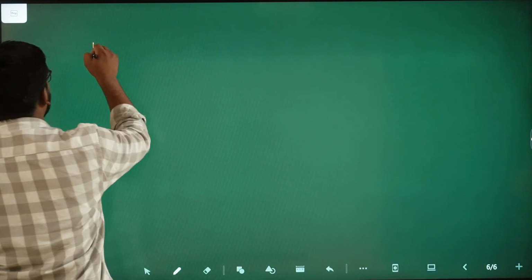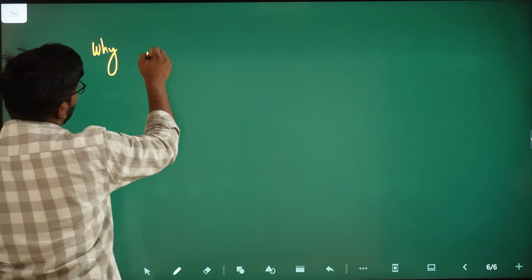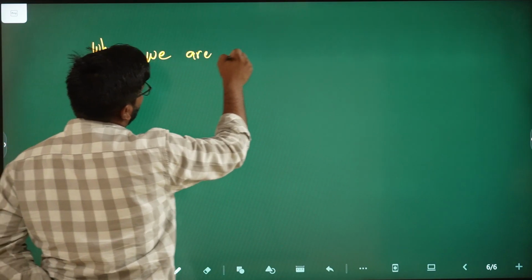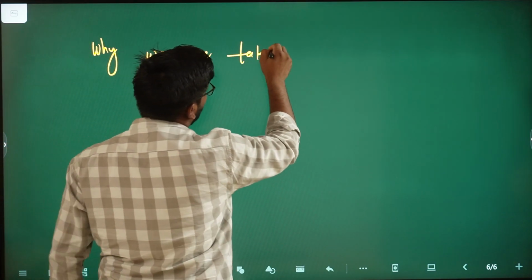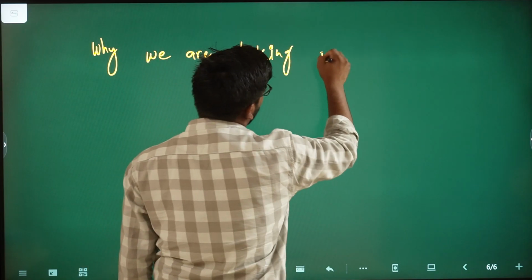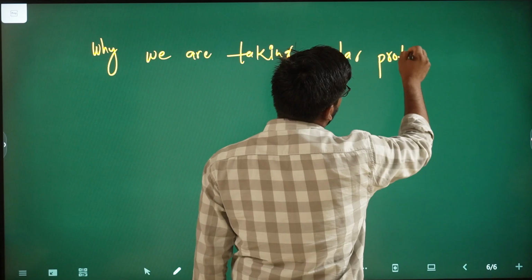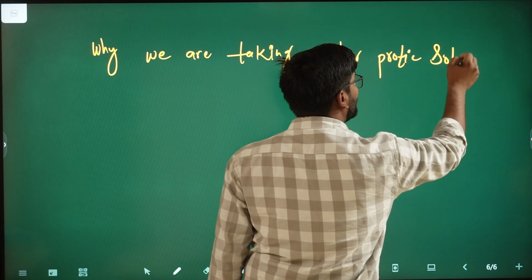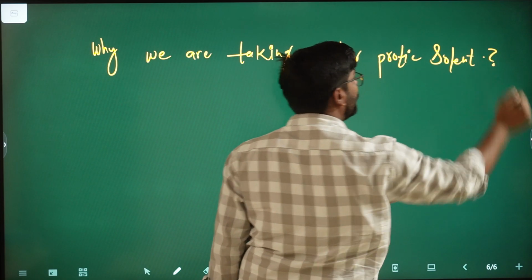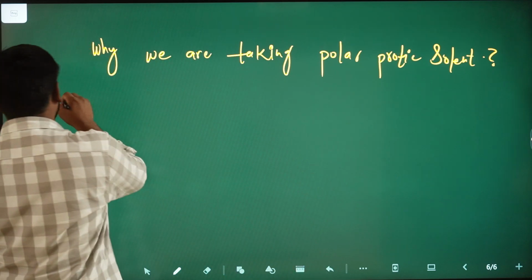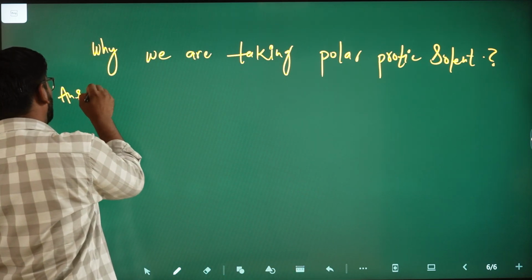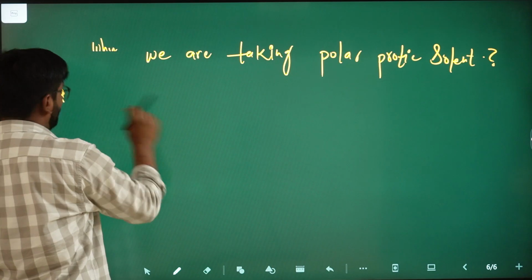So why are we taking polar protic solvent?